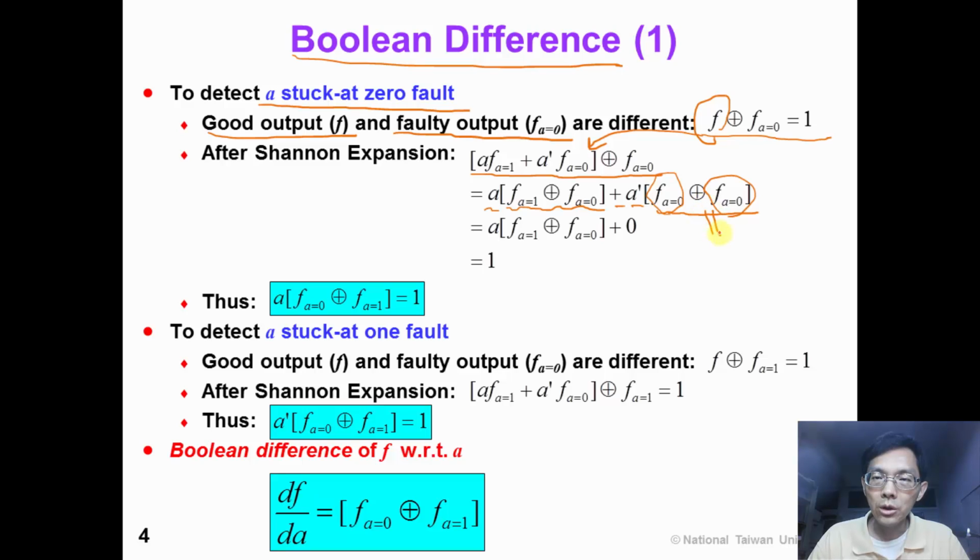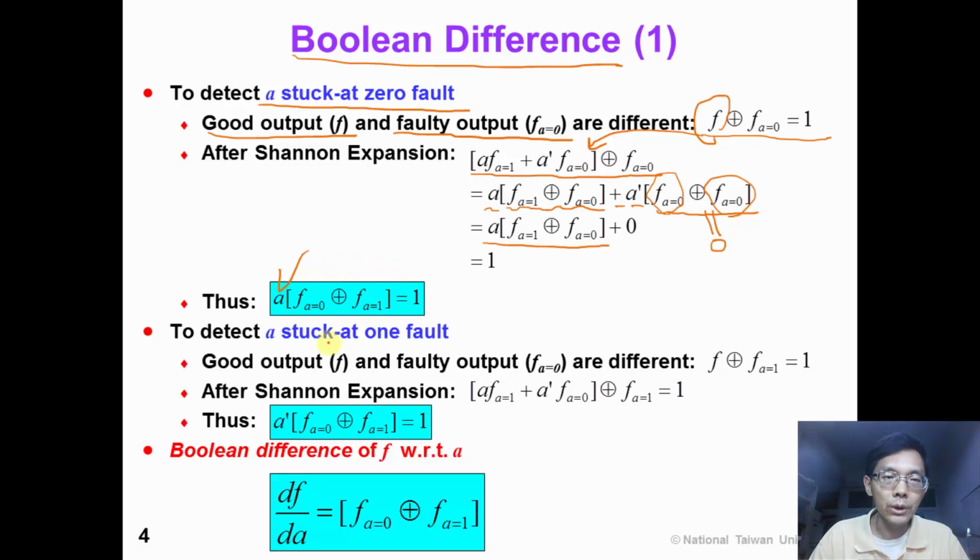This term should be 0 because they are identical. Now we can have a simpler expression, which is a times the positive cofactor exclusive-OR the negative cofactor, which is equal to 1. This is the condition to detect input a stuck at 0.